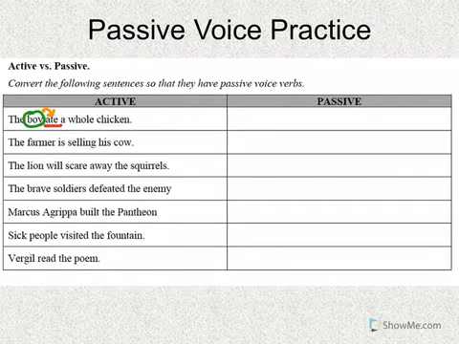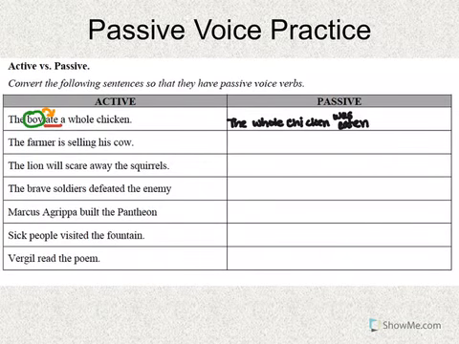In order to change the sentence so it maintains the same meaning, but to change the relationship between the subject and the verb, we're now going to write the whole chicken was eaten. Note how I'm using a form of the verb to be by the boy. All right.